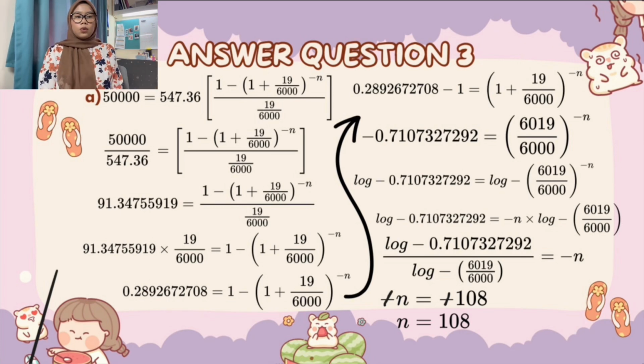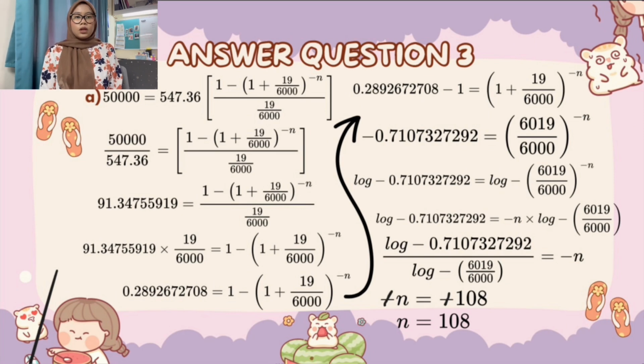Log negative 0.71073272292 equals log negative in bracket 6,019 per 6,000 close bracket to the power of negative n. On the right side, we need to move the power of negative n. So it becomes negative n times log negative in bracket 6,019 per 6,000 close bracket.